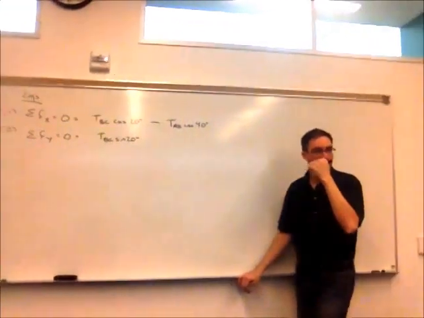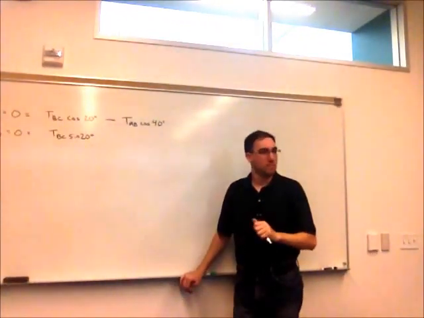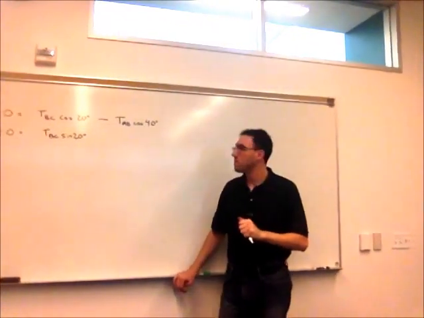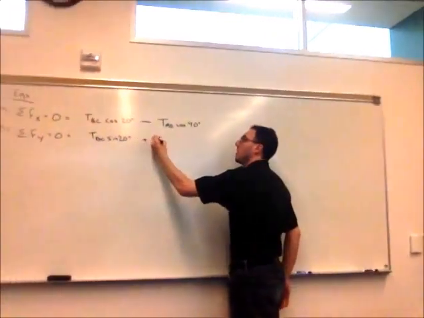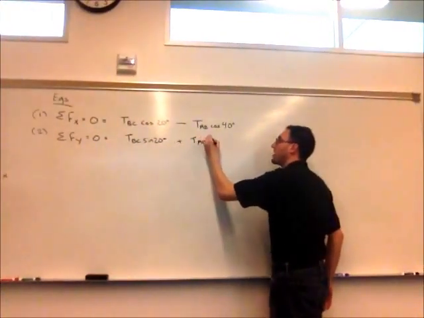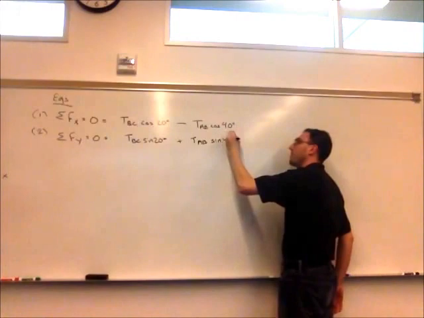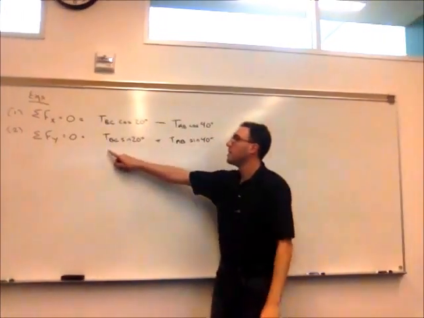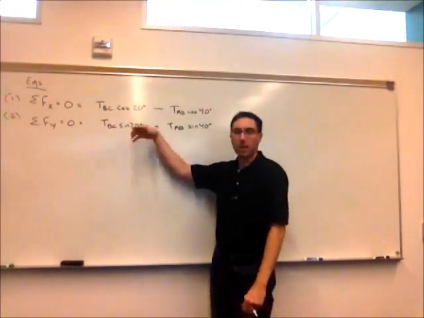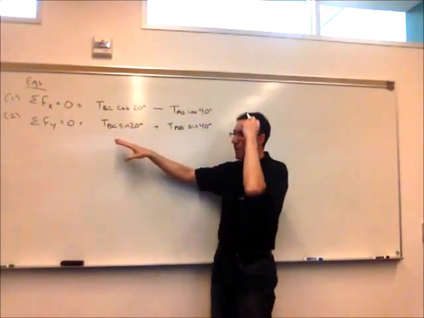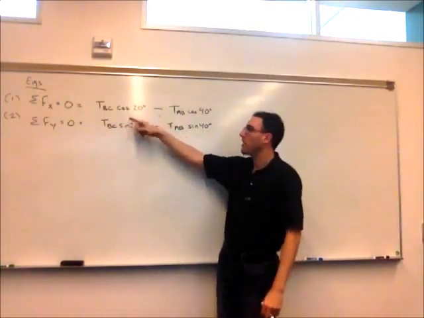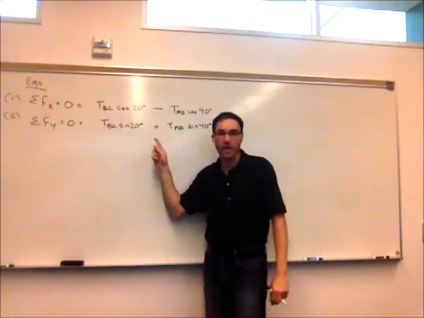And then what else do I include in this? You add TAB sine of 40. Right, so here the j component of TAB is positive. So this component's positive, this one's also positive. In 2D, it's easier if you look at what quadrant they're in. That will tell you should the components be positive or negative.